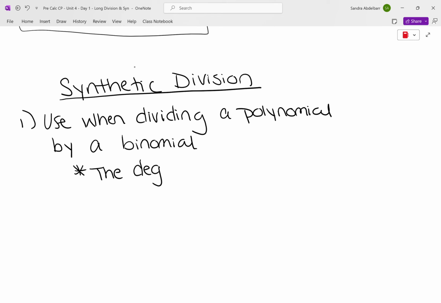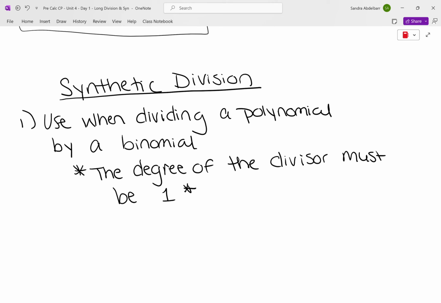I'll put a little star here. The degree of the divisor must be 1. And I'll explain what this all means.